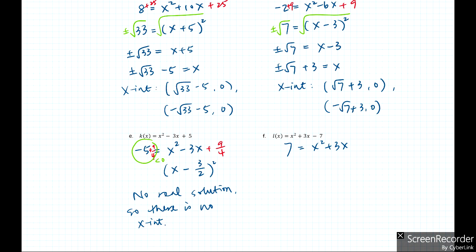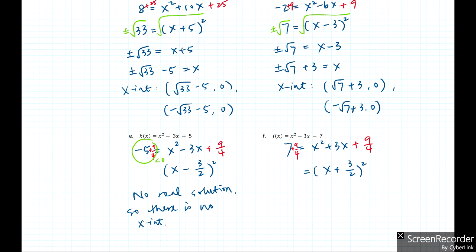And from here we can go ahead and rewrite the right hand side to be x plus 3 over 2 squared. And to find out what number to add, we want to square the 3 over 2. So 3 over 2 times 3 over 2 again is 9 over 4, which is the same as how we started the last problem.